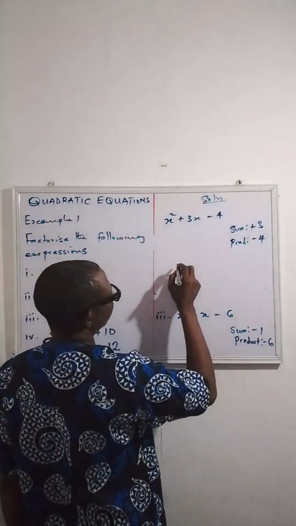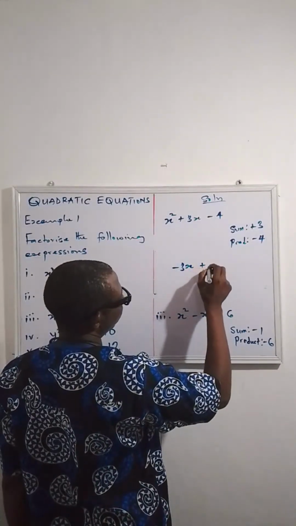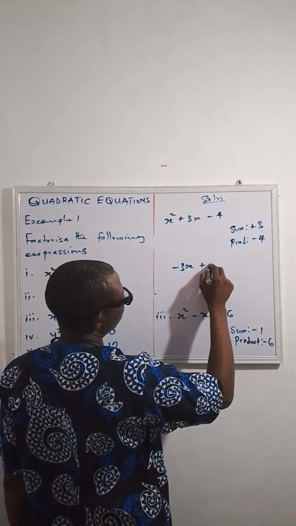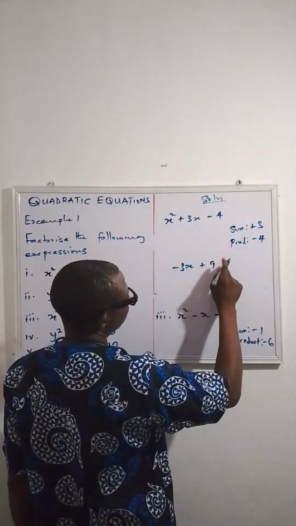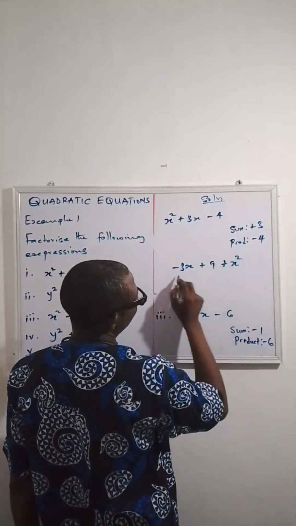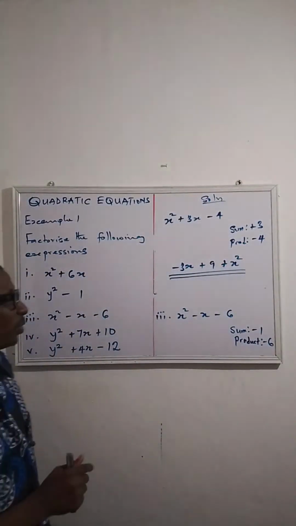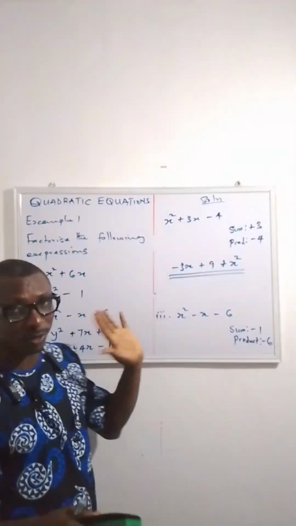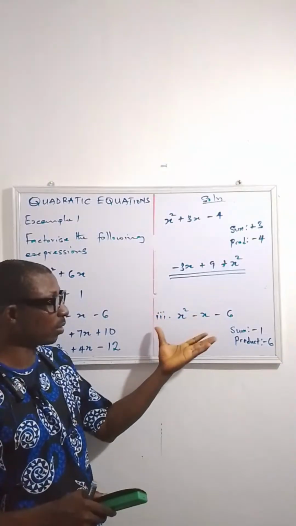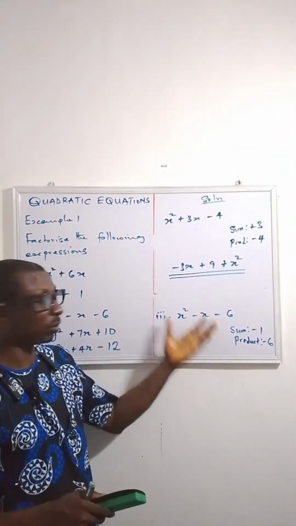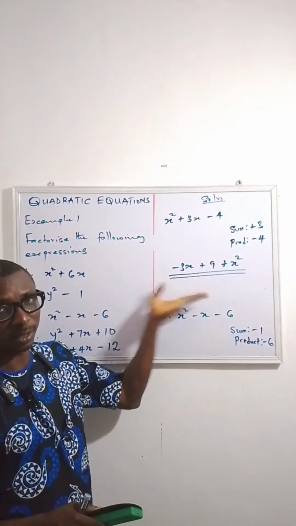See, you have minus 3x plus 9 plus x squared. Now look at this quadratic expression. Can you tell me the sum and product? Because we must be able to identify that before we solve this problem. Once every one of us can get this, then we can go ahead and factorize this.